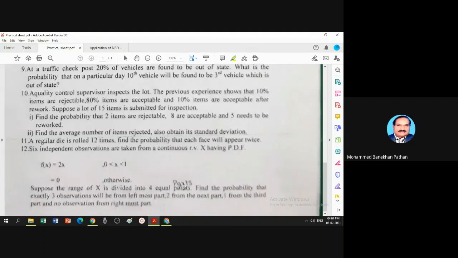Similarly, in question 11, you are performing the experiment of throwing a die, and throwing a die has six possible outcomes. And that is why it is a question of multinomial. What is asked? They ask to find the chance that each face will appear twice. See the answer to the question.